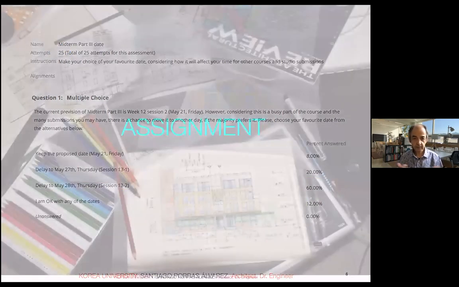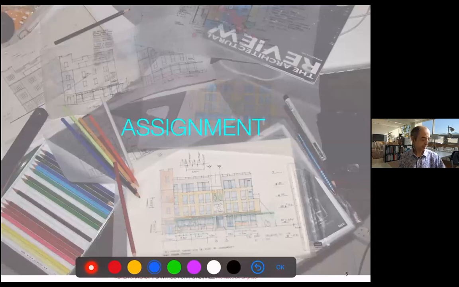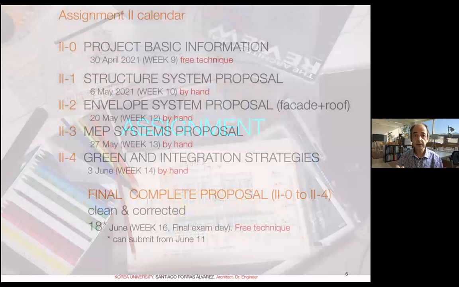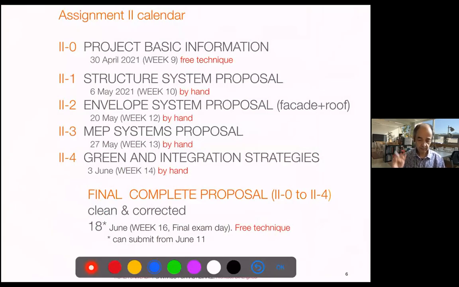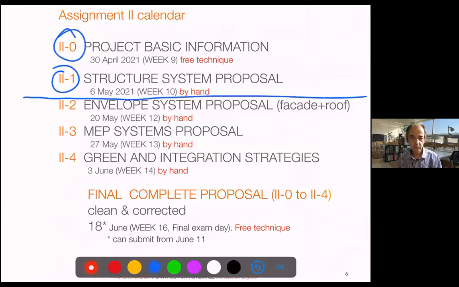The second is the assignment. As every Friday, we will spend a bit more time explaining. We already finished 2.0 and 2.1. The 2.1 late submission was closed yesterday.